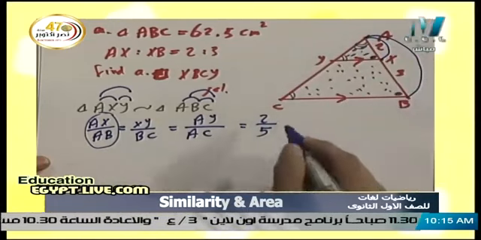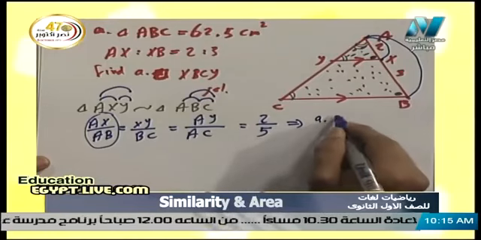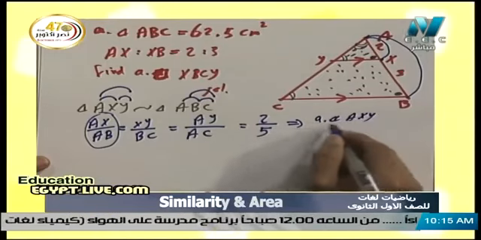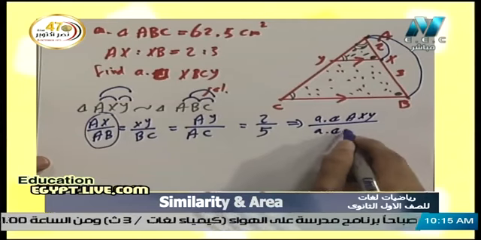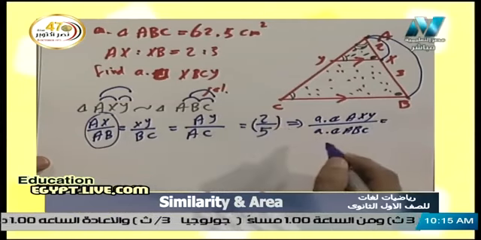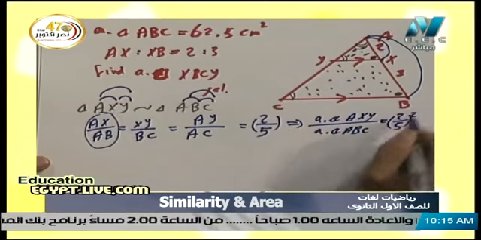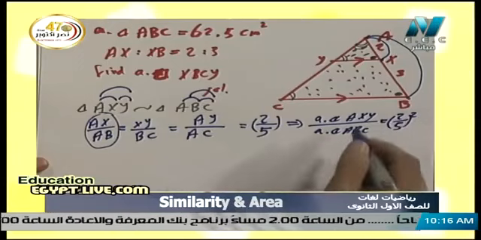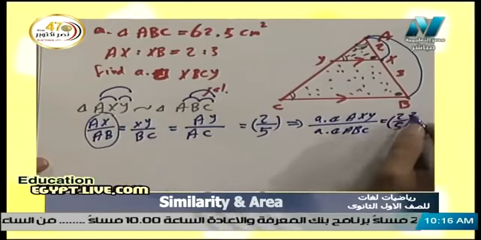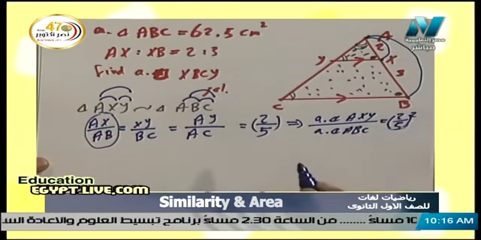Okay? And we know if we talk about the area of triangle AXY over area of triangle ABC will be equal 2 over 5 but squared, because we know that the ratio between the areas equals the square of the similarity ratio.